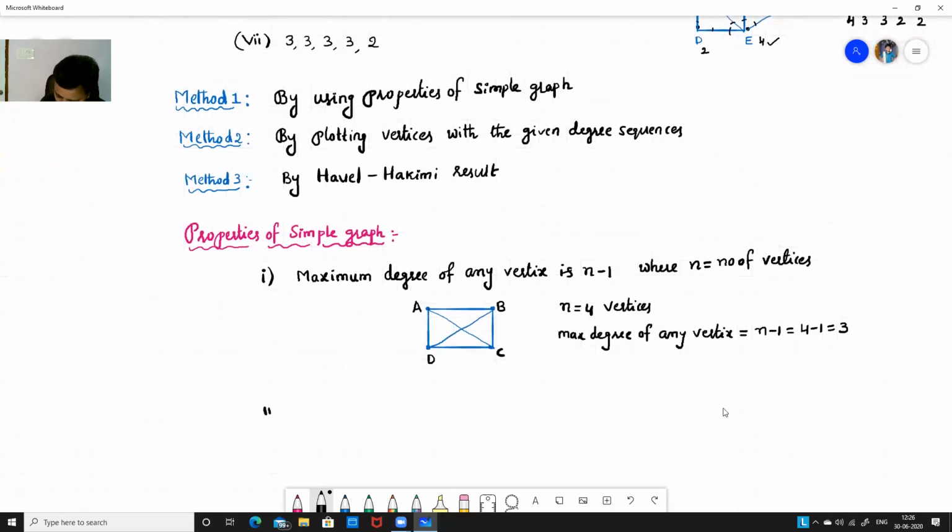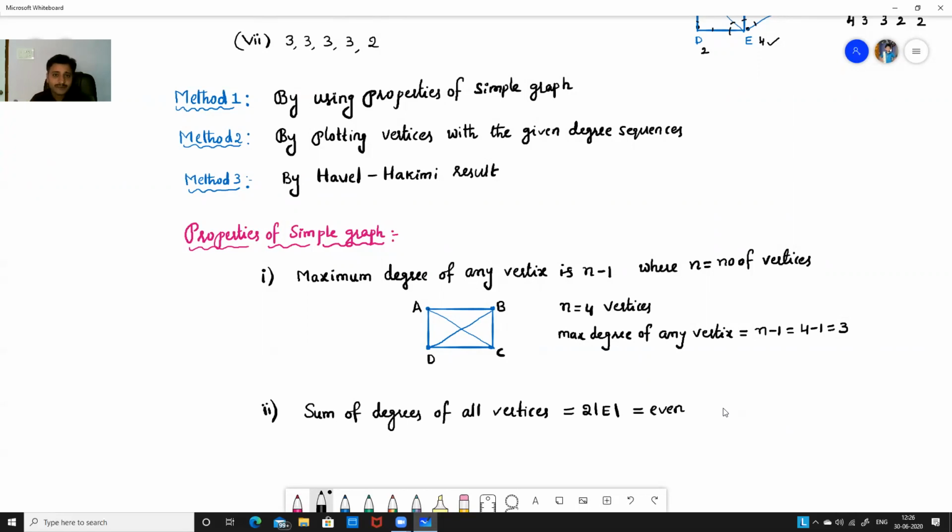And the second property: the sum of degrees of all vertices is equal to 2 into the total number of edges, which is an even number. Of course, it is not only applicable for simple graphs.